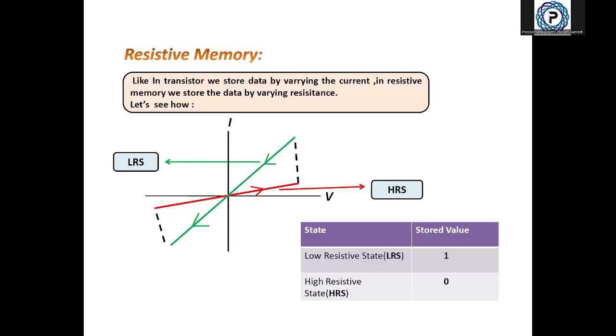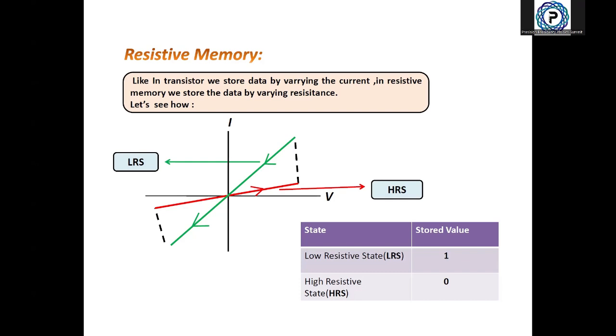Now, let's come to the main topic, resistive memory. As I said, in a transistor we use the current component. When there is current, we use it as 1, and when there is no current, we use it as 0. In resistive memory, we use the property of resistance as the controlling unit. We can see this graph, which is a very simple experiment.